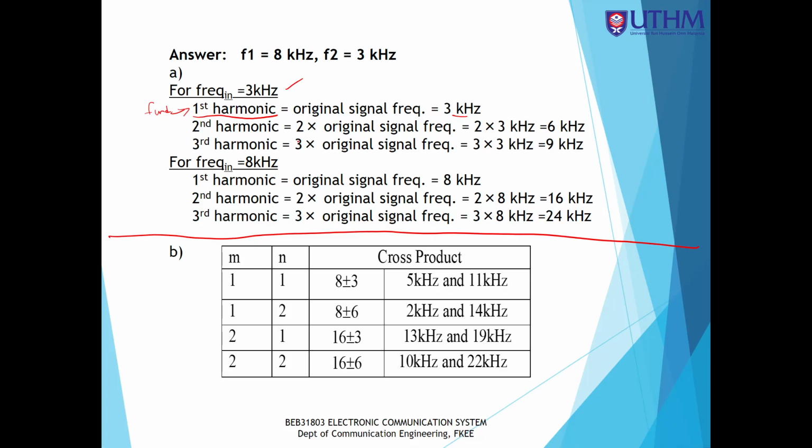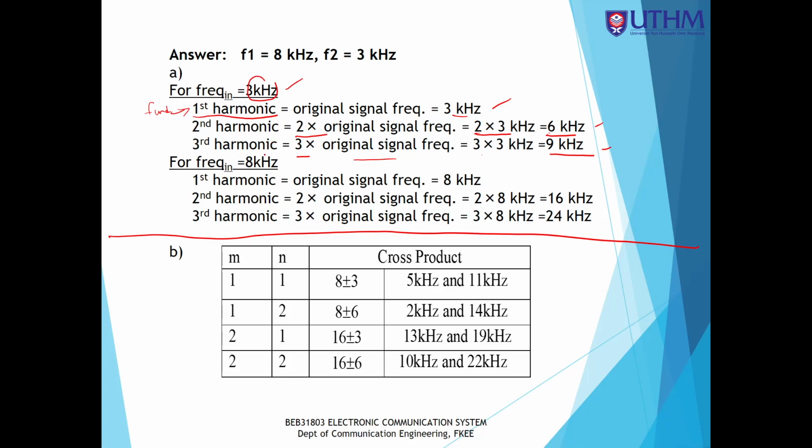Second order is located at 2 times the original signal frequency, so 2 times 3, you get 6 kilohertz. Third order is 3 times the original frequency, so 3 times 3, 9 kilohertz. These are the locations of the harmonics produced by the 3 kilohertz input.